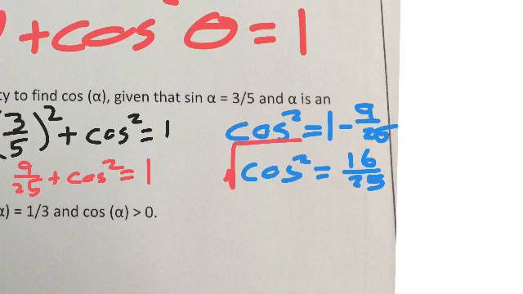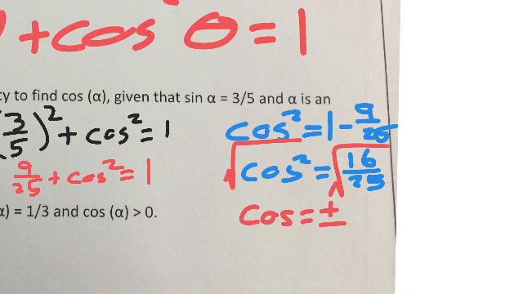So I would take a square root of both sides. When I take a square root of both sides, I have to always account for the positive and negative possibility. So that's where we get cosine is equal to plus or minus the square root of 16/25. Well, the square root of 16 is 4. The square root of 25 is 5. So cosine is plus or minus 4/5.